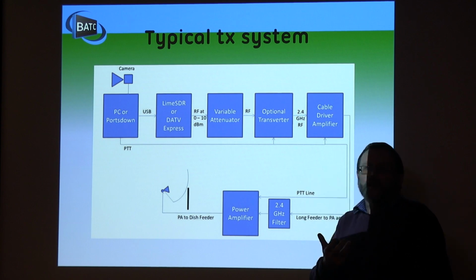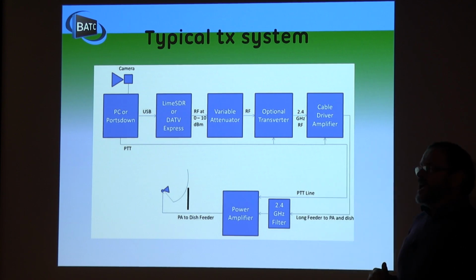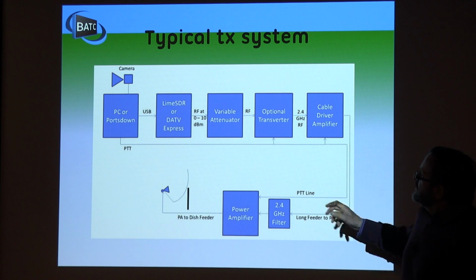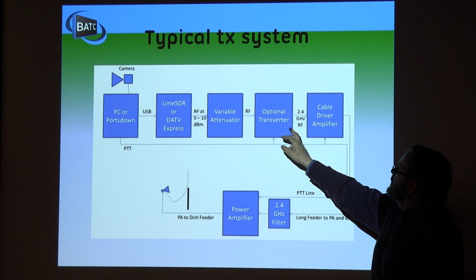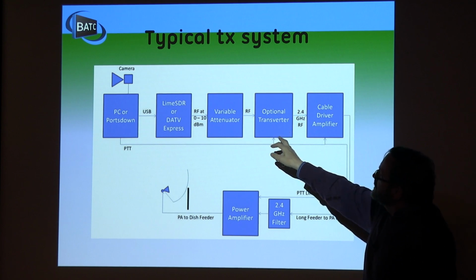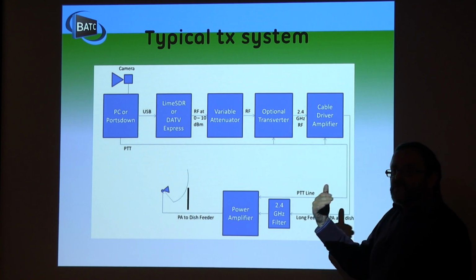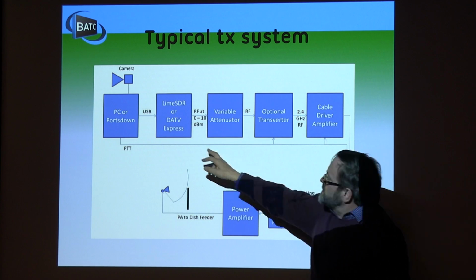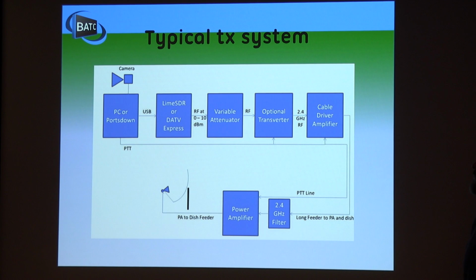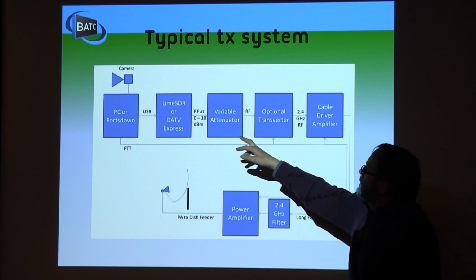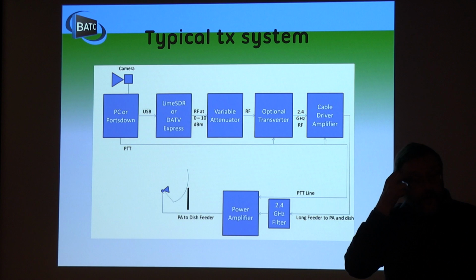And as we heard earlier, about 0 dBm or 1 milliwatt out. That can then be fed either into a transverter and go up to 2.3 gigahertz, or because these devices these days will produce 2.3 gigahertz directly, that could go directly into the amplifier.